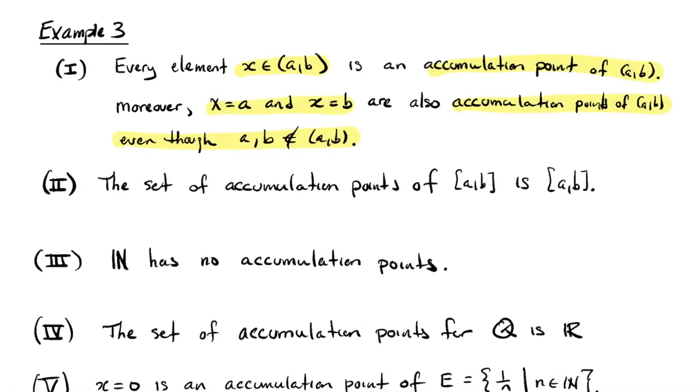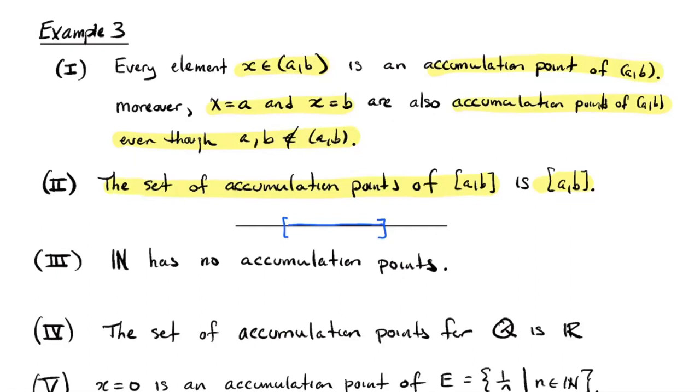Okay. For that matter, if you ask yourself, well, what are all the accumulation points of a closed interval? It's exactly the closed interval. So here, if I kind of draw just a quick picture to sort of narrate what I'm talking about, if we imagine that closed interval from A to B, the usual picture. So what I'm saying is that every point in there is an accumulation point.